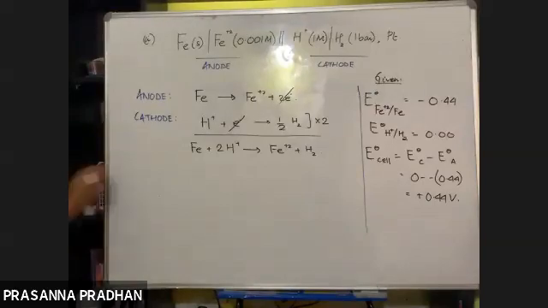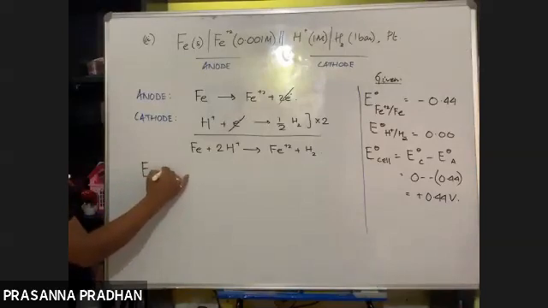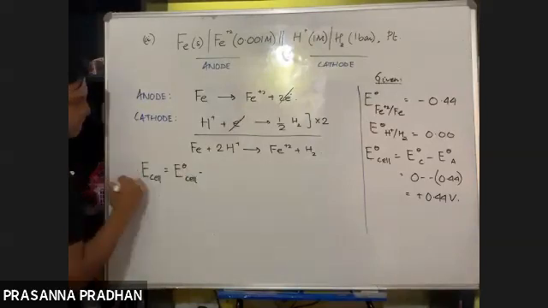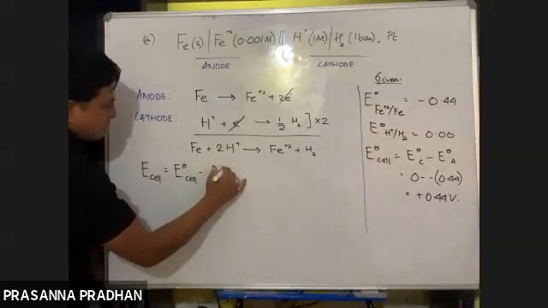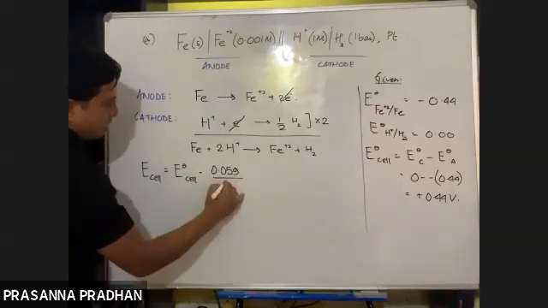So now what will be the Nernst equation for this? E cell will be equal to E naught cell minus 0.059 over n. How many electrons are involved? 2 electrons are involved.